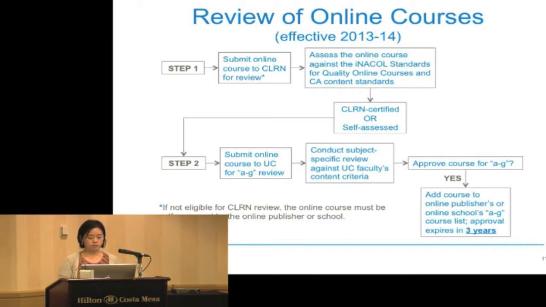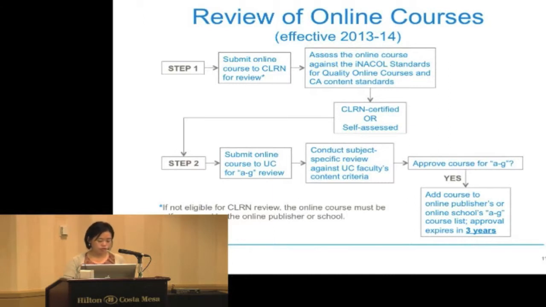Once that self-assessment or the CLRN certification occurs, then the online course is submitted through to step 2. And step 2 is when the course is sent over to UC for final A through G review and approval.